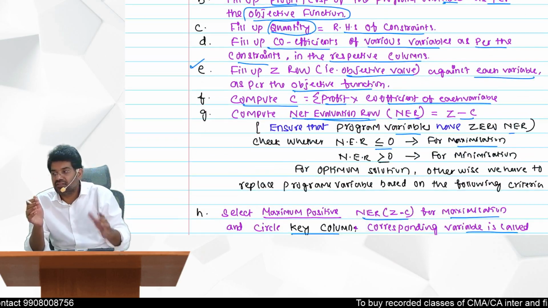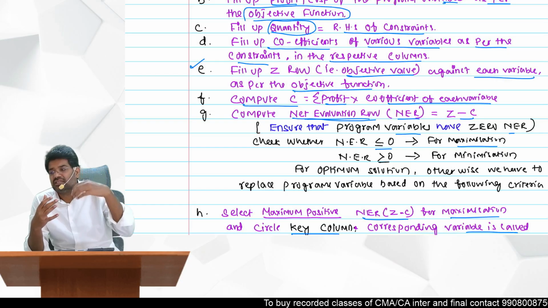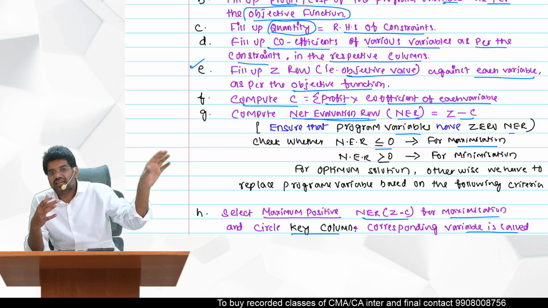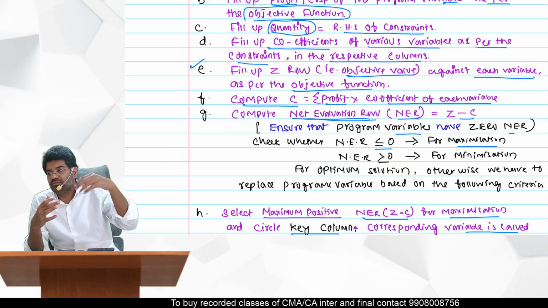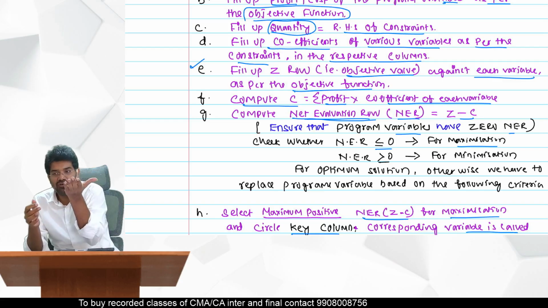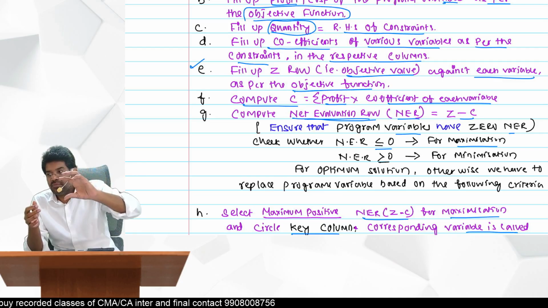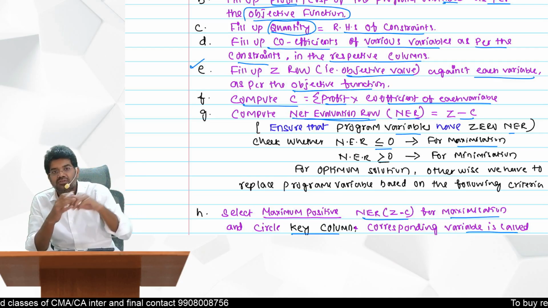Alright. After that, since we are replacing the S1 slack variable now, we should update the values. For the key row, how do you get the updated values? The key row elements divided by the pivot element, then you will get updated values.